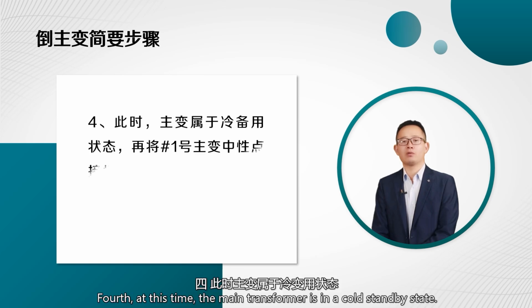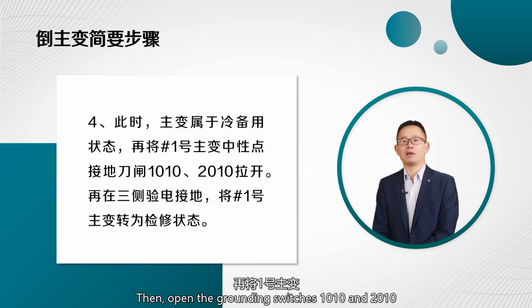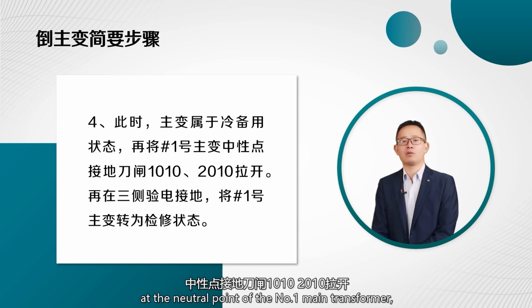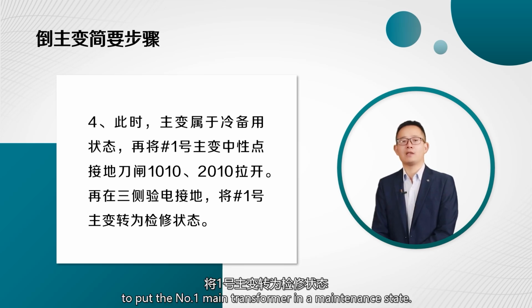Fourth, at this time, the main transformer is in a cold standby state. Then open the grounding switches 1010 and 2010 at the neutral point of the number 1 main transformer and conduct electrical testing and grounding on the 3 sides to put the number 1 main transformer in the maintenance state.